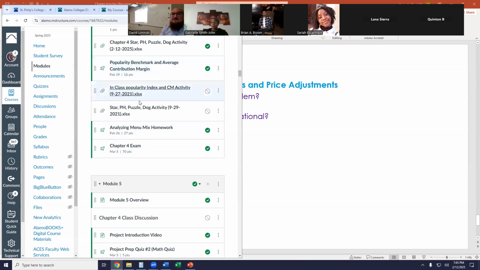The following week is analyzing your menu mix, which is the assignment we're going to get ready to do after our break. The last one is the chapter 4 exam, where it brings everything together. So these build on top of each other. You need to do the popularity benchmark and average contribution margin first.